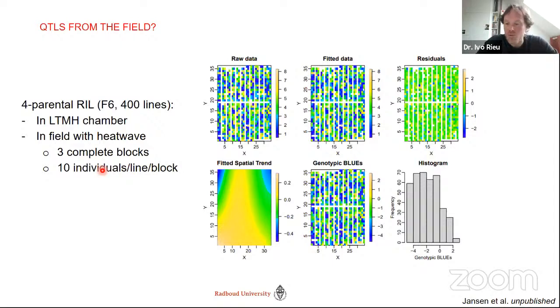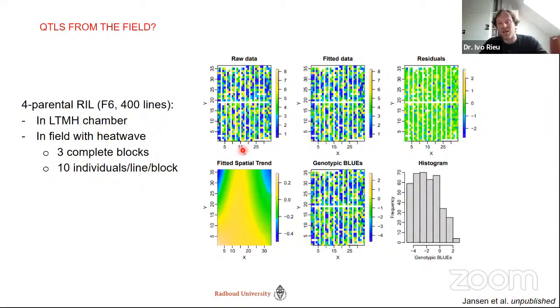At the same time, they were evaluated by the breeders at the end of the season to estimate yields from all the different individual plots that we had.